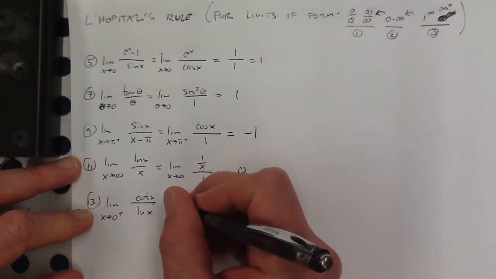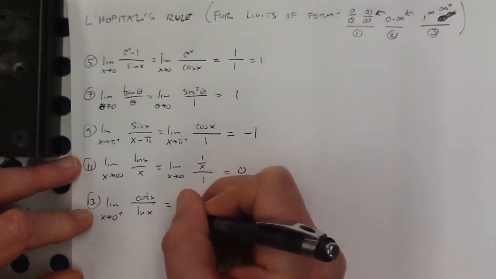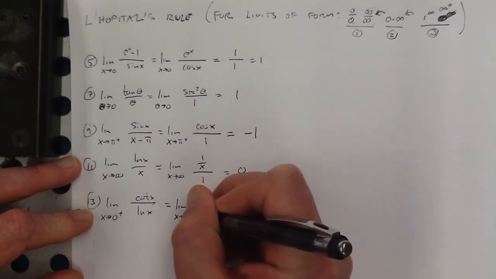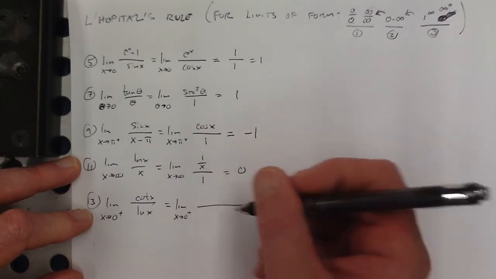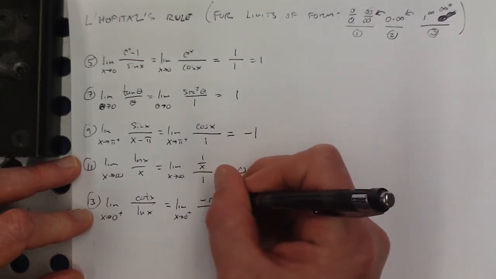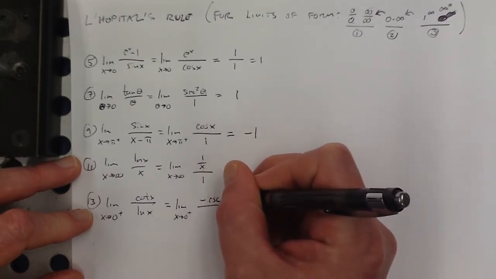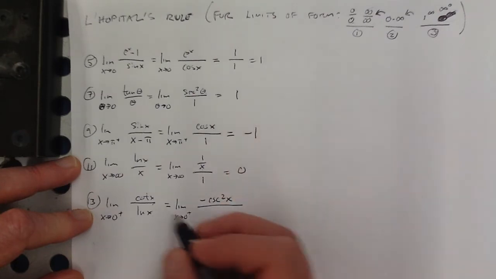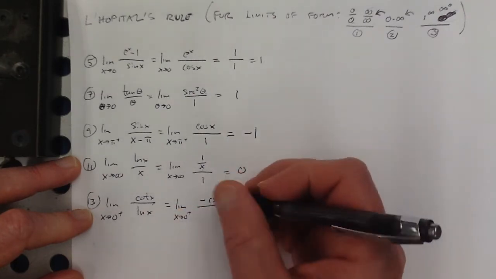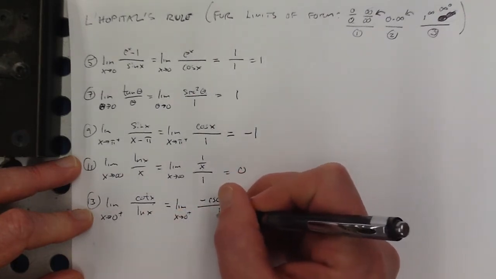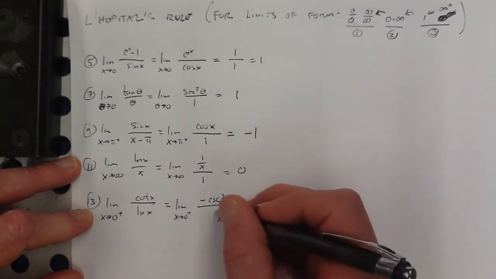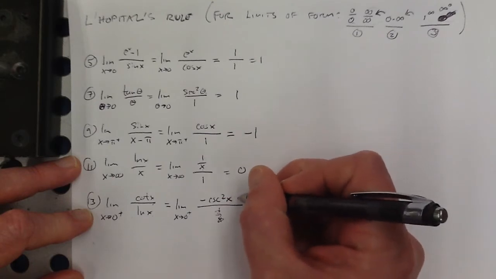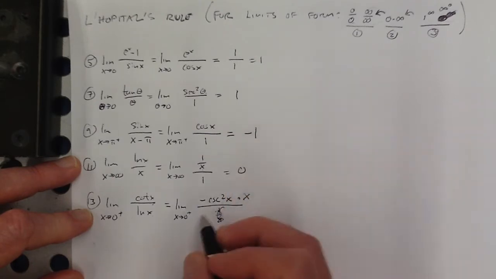That's a version of that, so I can use L'Hopital. The derivative of cotangent is negative cosecant squared, and the derivative of natural log x is 1 over x. Now if you're dividing by 1 over x, that's the same as multiplying by x, so I'll write it like that.